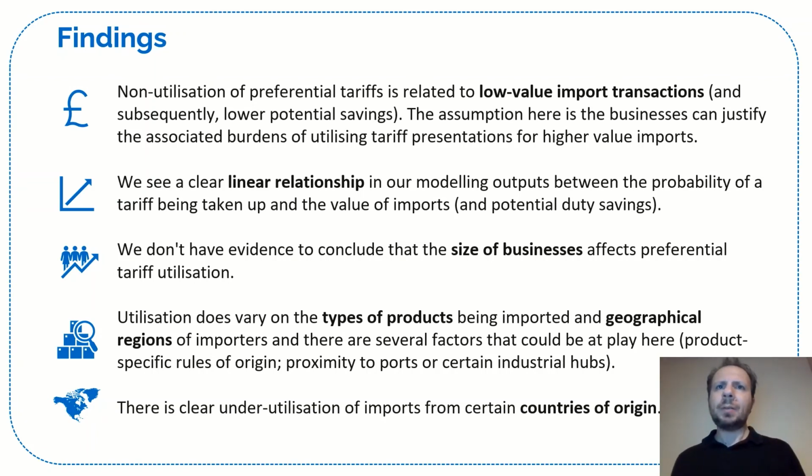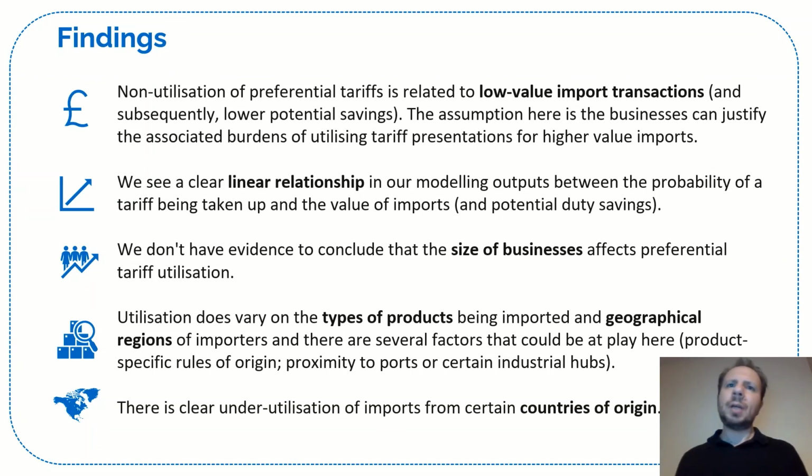We also see that when the value of import increases, then the probability of utilization of a preference tariff increases too. This relationship is close to linear, and the same goes for potential duty savings, as we saw on the previous slide.